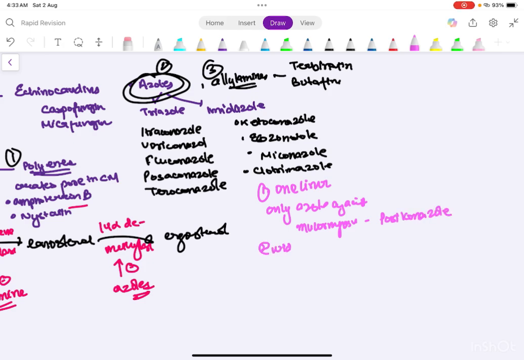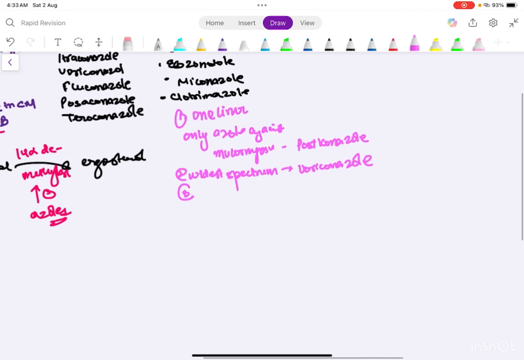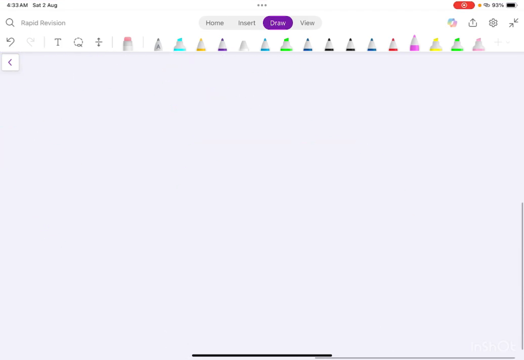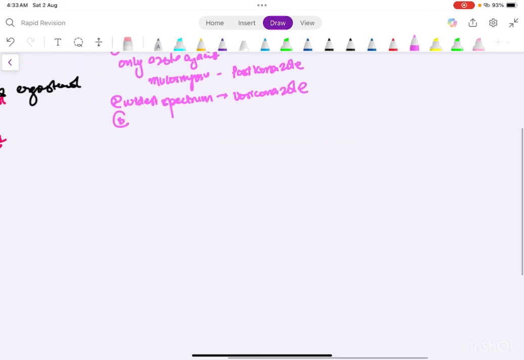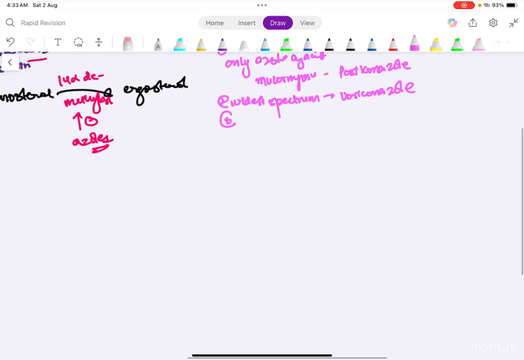The widest spectrum is of voriconazole. Right. Then in voriconazole they also ask about the side effect. So it prolongs the QT interval. Then we have maximum bioavailability, so that is of fluconazole.